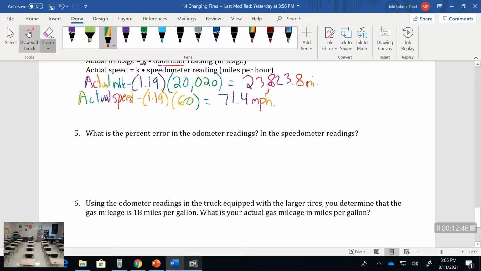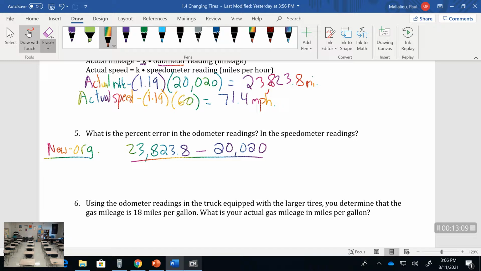Well, what we have to do is take the new reading, 23,823.8, minus your original, which was 20,020, and then divide that by the original, 20,020.